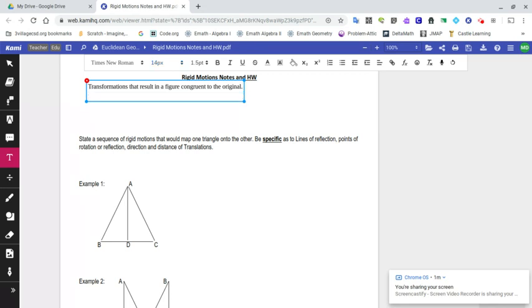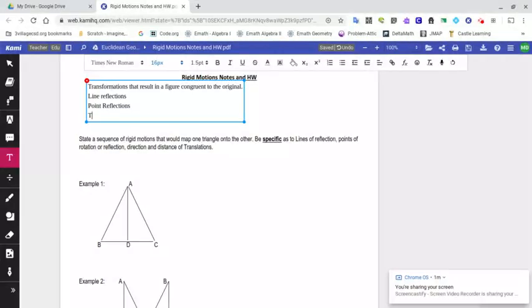So these include line reflections, point reflections. What are some other ones? Translation, right?